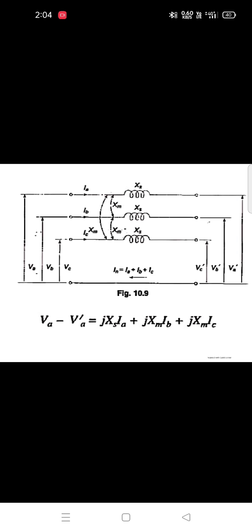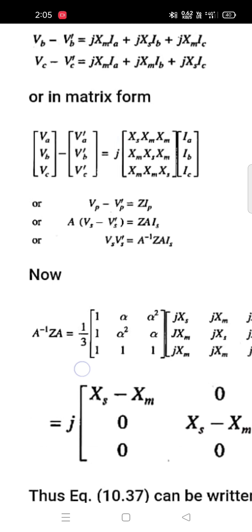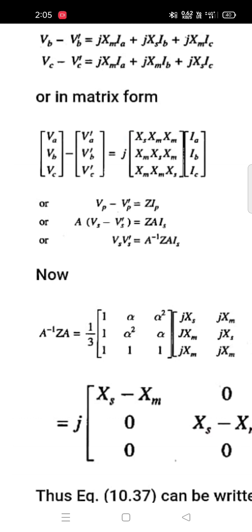Similarly, for phase B and phase C we can also write the equations. For VB minus VB dash, only the self impedance for IB will be XS and the other two impedances will be mutual, and for phase C the self impedance will be only for C phase and the other two phases have mutual impedance. Now let us write these equations in matrix form.